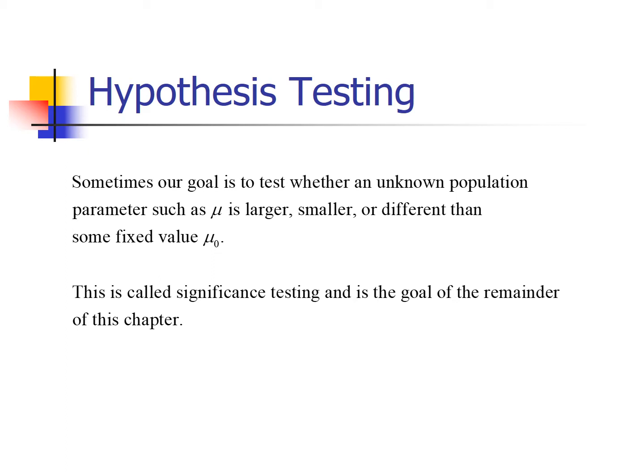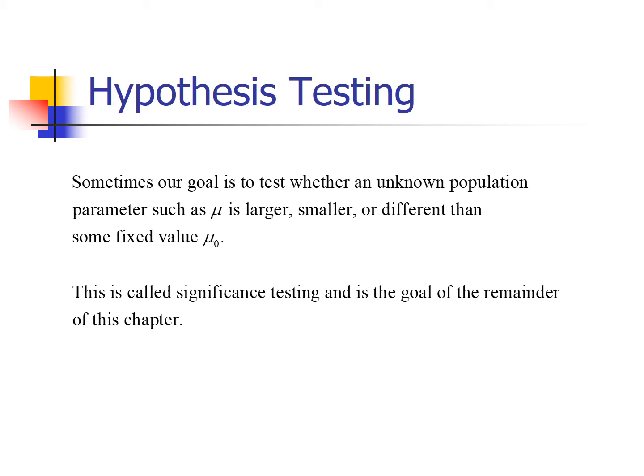However, sometimes our goals are slightly different. Sometimes our goals are to test whether an unknown population parameter, such as the population mean mu, is larger than some number, perhaps to test whether it's smaller than some number, or, a third possibility, to test whether it's different than some number.